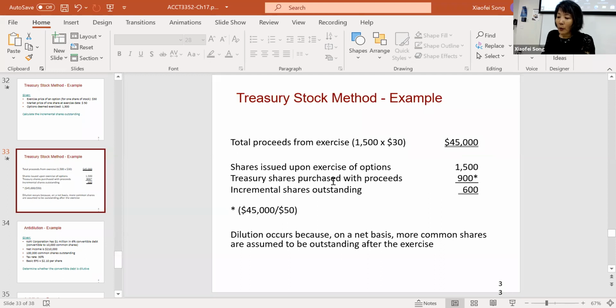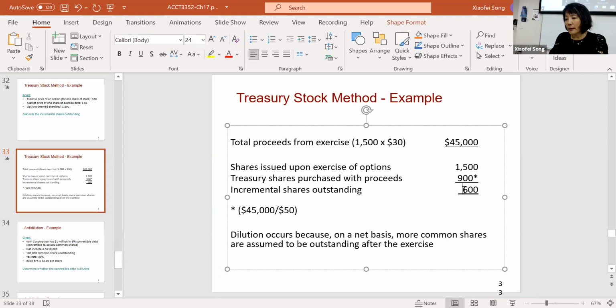And the treasury shares purchased with the proceeds: $45,000 divided by $50. We assume that's how much you have to pay to buy back shares, and you can buy back 900 shares. And so therefore the incremental shares outstanding is 600. Of all that computation, the only number we really want to get to is this number, because this is the number that will be added to the denominator.